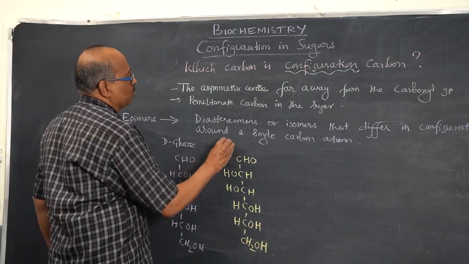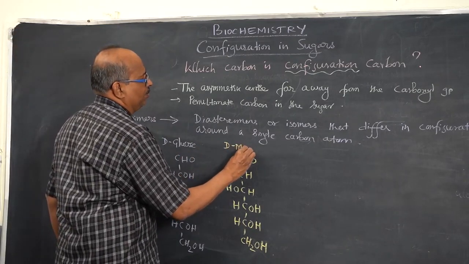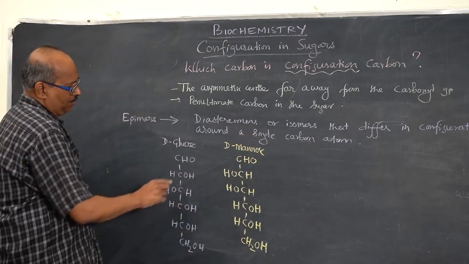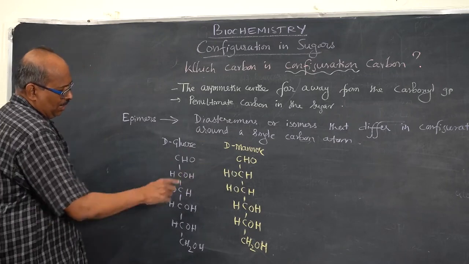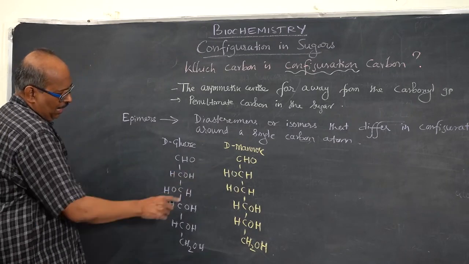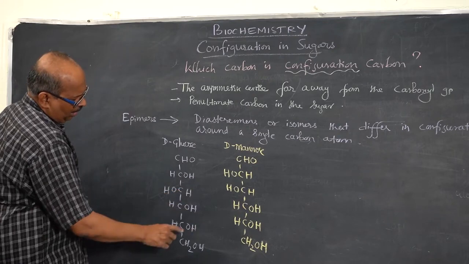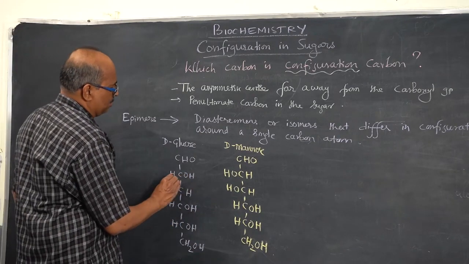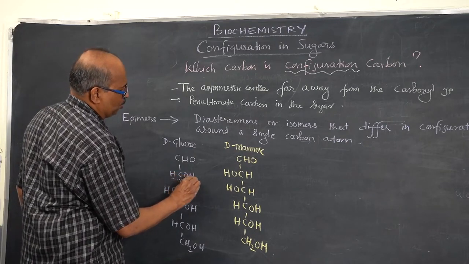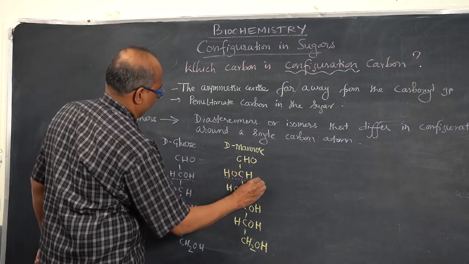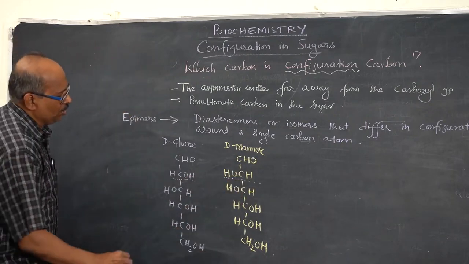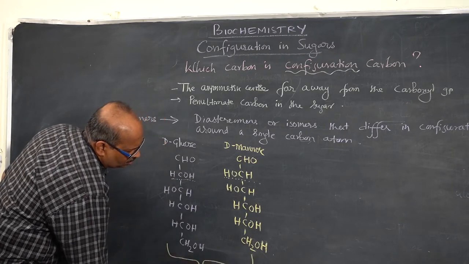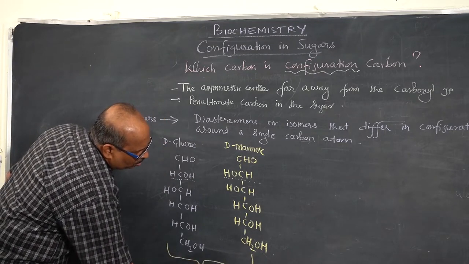This is D-mannose. So now if you see both of them, carbon 1 same, carbon 2 they differ, carbon 3, carbon 4, carbon 5, carbon 6 all are same. So the difference is with respect to these two. So these two are C2 epimers.